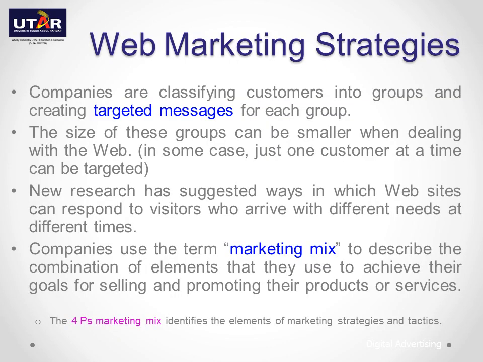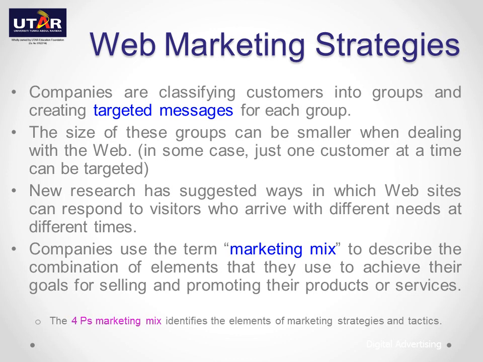For web marketing strategies, one approach is classifying customers into groups and creating targeted messages for each group, with each cluster having its own information delivered. The size of these groups can be smaller, it could be just one customer, one to one at a time. New research has suggested ways to respond to visitors, who obviously have different needs at different times.